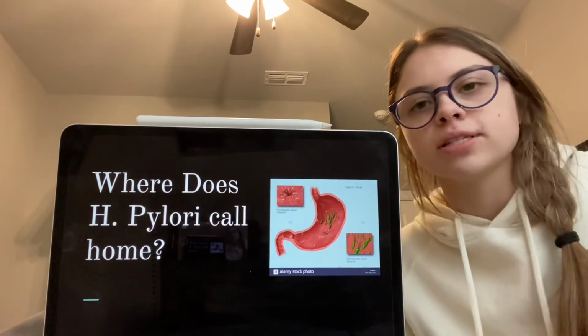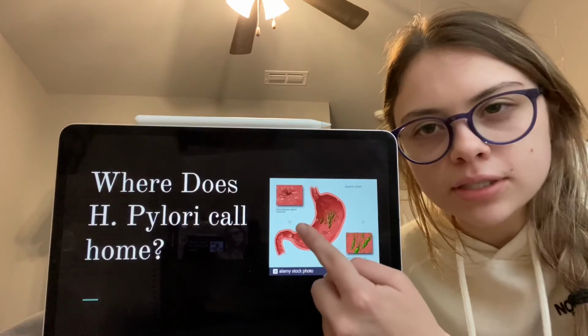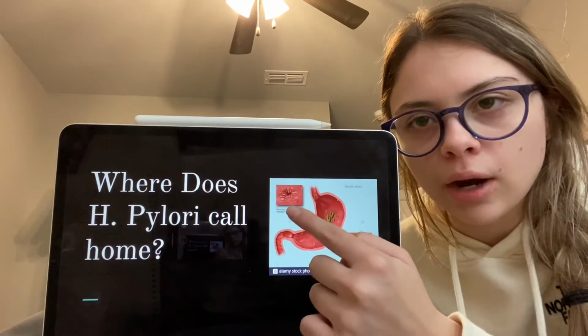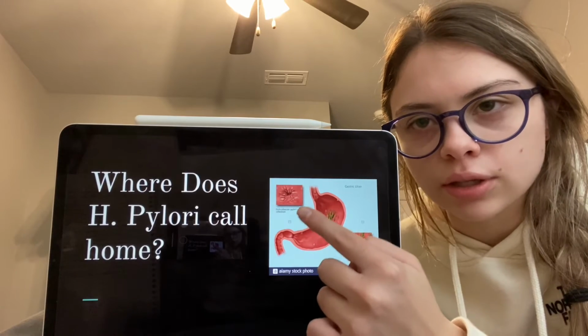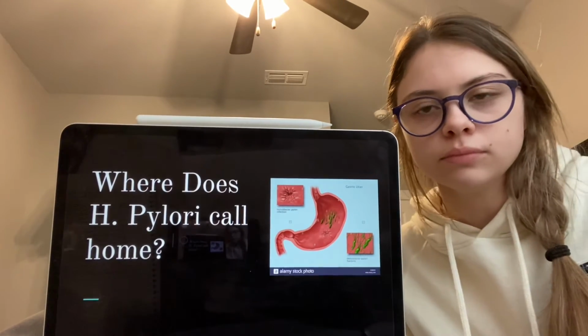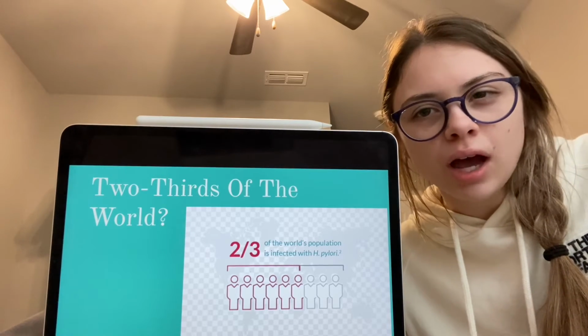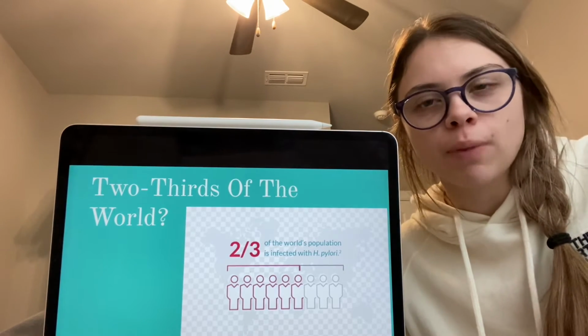That's where it calls its home. You can see there's a small picture right there of what the infection looks like. So 2/3 of the world have H. pylori.